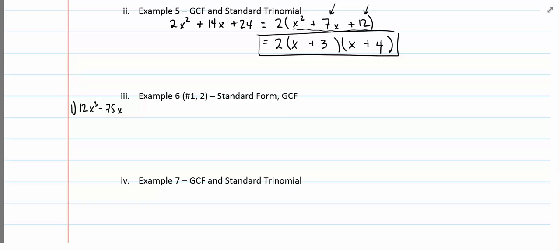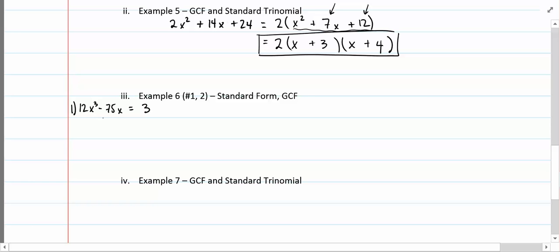Here is a completely factored solution for this example. I have two more examples that come from example number 6. So let's start with this one here, number 1, 12x cubed minus 75x. We should recognize at this point that there's both a numeric and a variable that can be factored out as a greatest common factor. And the largest number that divides both 12 and 75 happens to be the number 3.